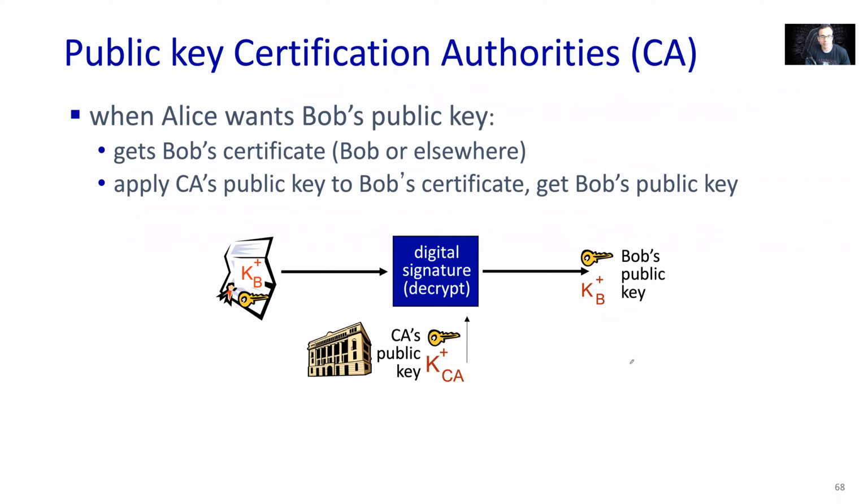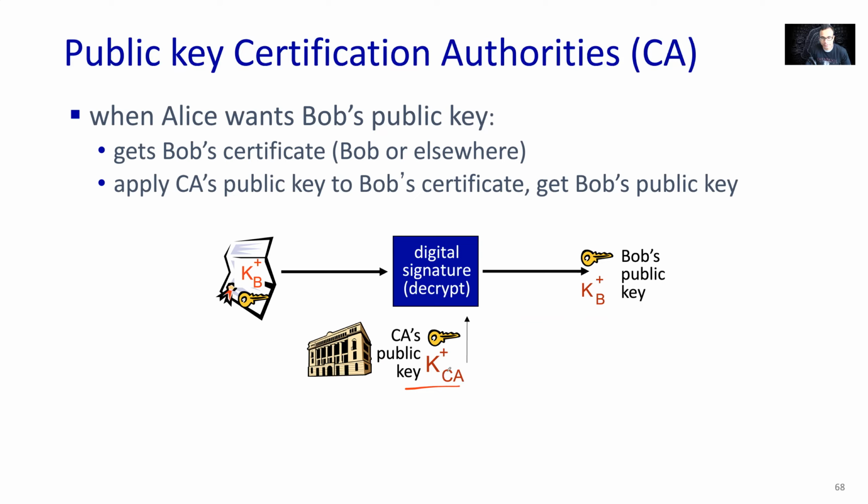So when someone else, let's say Alice, gets Bob's public key, how can she verify that this is indeed Bob's public key? Well, Alice sees that this was signed by a particular certificate authority. So she can apply the certificate authority's public key, which would be known to everyone, to this certificate.